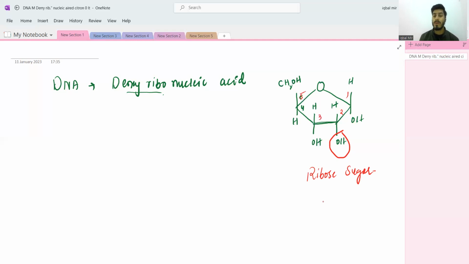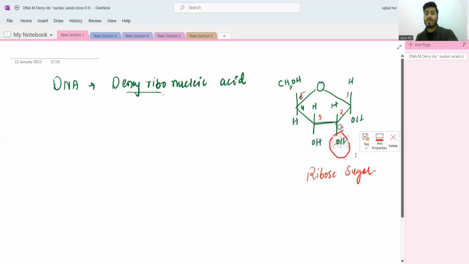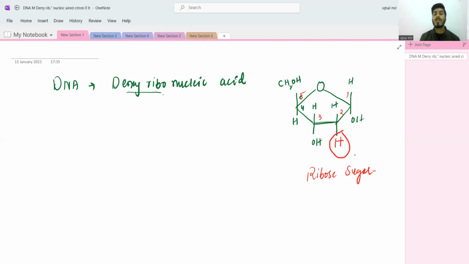If we remove the oxygen from this place, then it becomes, yes, tell me, it becomes, I am writing only H here. Now this is deoxyribose, because oxygen has been removed from this place. So this is deoxyribose sugar, and in DNA, this sugar is present. Understood?